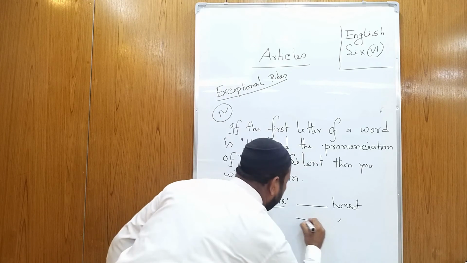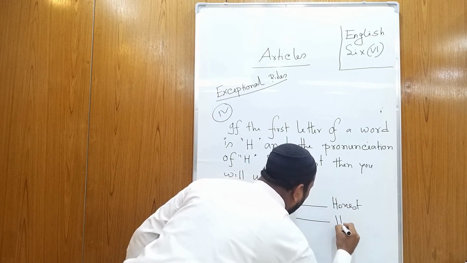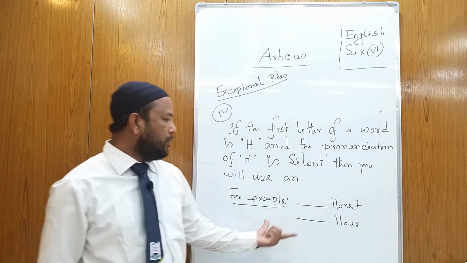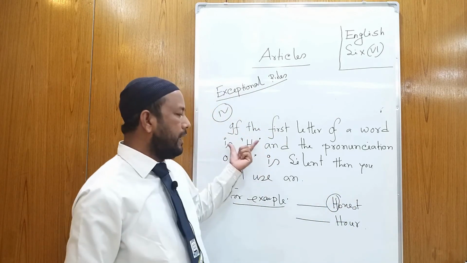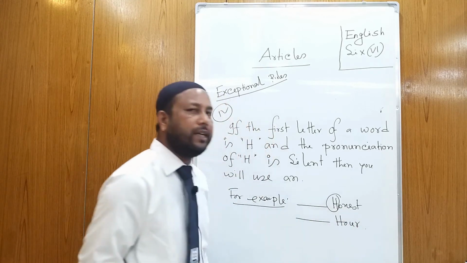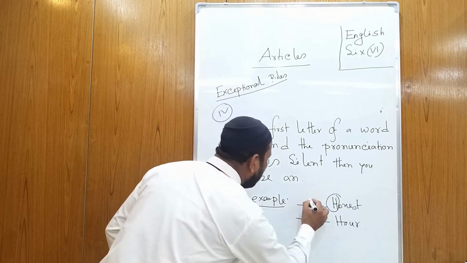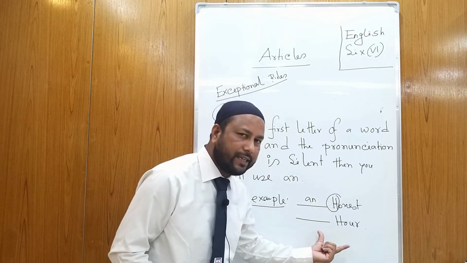For example, honest, hour. In this example, you can see the word starts with H, and when we pronounce this word, it is not "honest" with an H sound, it is "onest". That's why we will use "an" here. Similarly, here is another example.